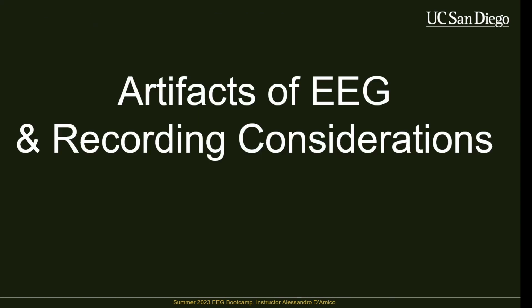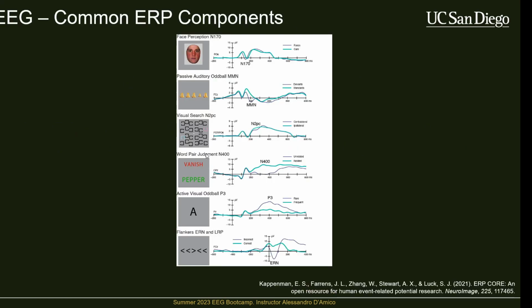Now that we've talked about some common components, we'll go into more detail on the P3 and the N400. We're not really going to talk about the other components, maybe the ERN, in this class. But there's tons that you can learn about all of these. These experiments are from a paper called ERP CORE.